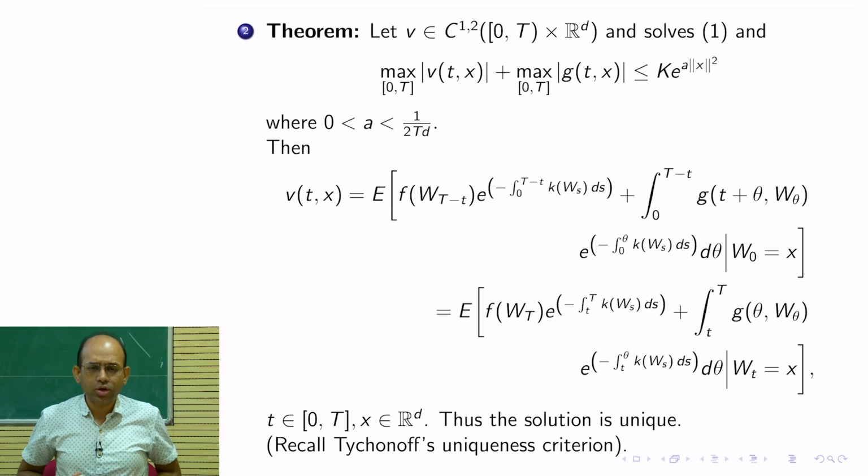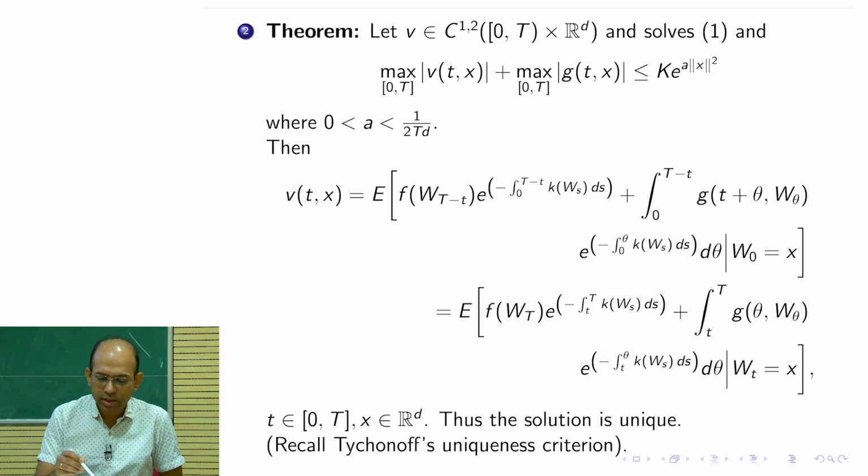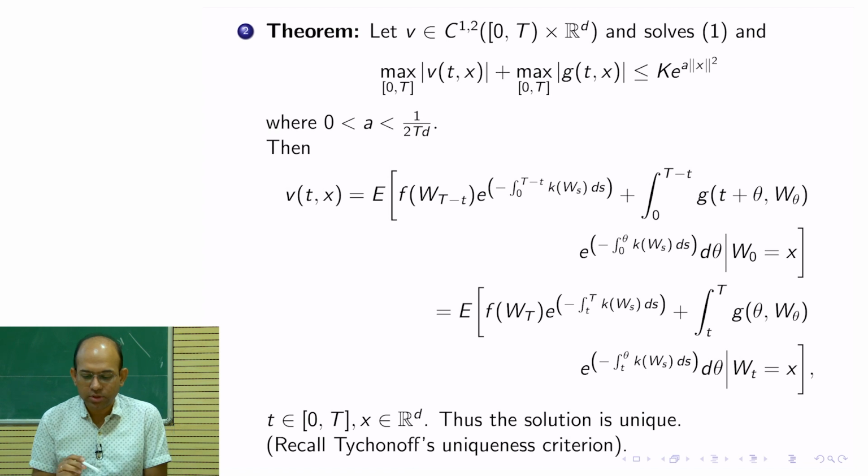Okay. So, what is the conclusion from this statement? The conclusion is that the solution is unique, because when I say that this V satisfies equation 1 and satisfies this growth condition, then it has this expression. It intrinsically says that this should be unique. There is no other possibility, because this right hand side expression is uniquely given.